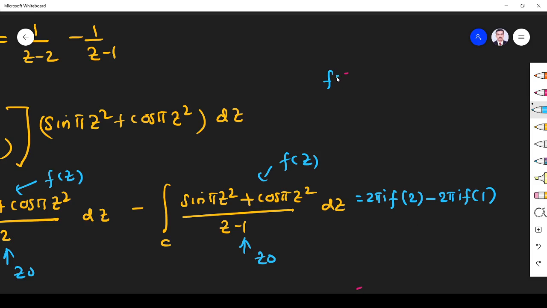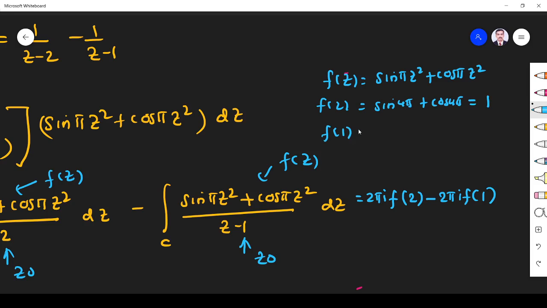For both the cases, f of z is equal to sin pi z squared plus cos pi z squared. So first I have to find f of 2. So f of 2 is sin 4 pi plus cos 4 pi. Right? So cos 4 pi is 1, sin 4 pi is 0. So it is 2 pi I into 1 only.